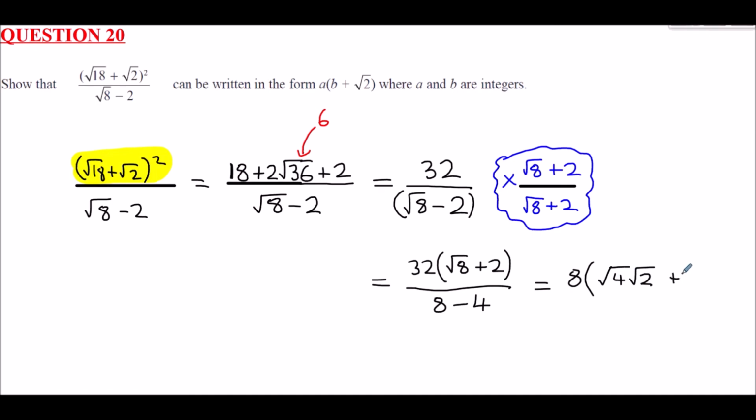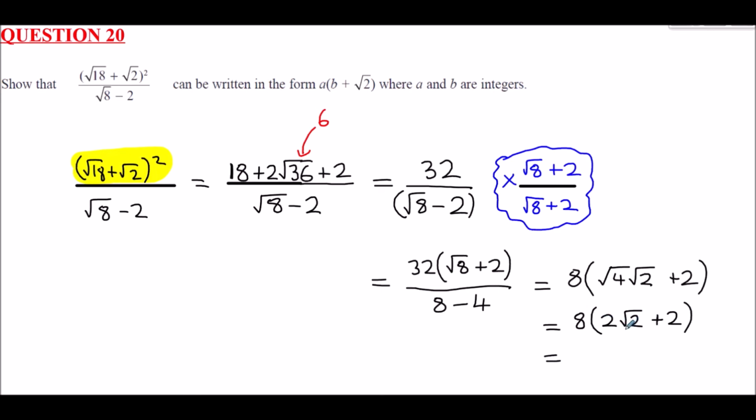And that's all with 2 added onto it. Now, of course, the square root of 4 is 2. So that becomes 8 brackets 2 root 2 plus 2.